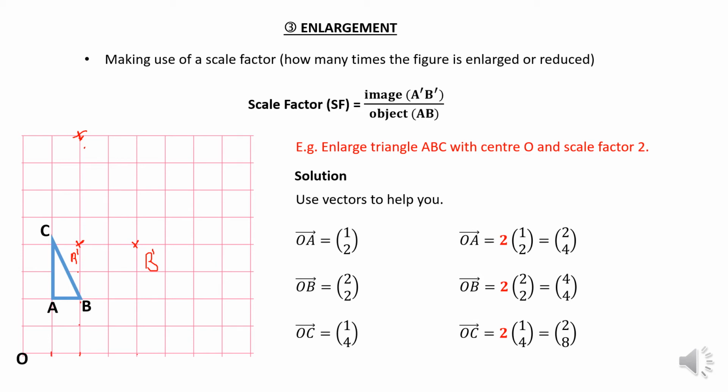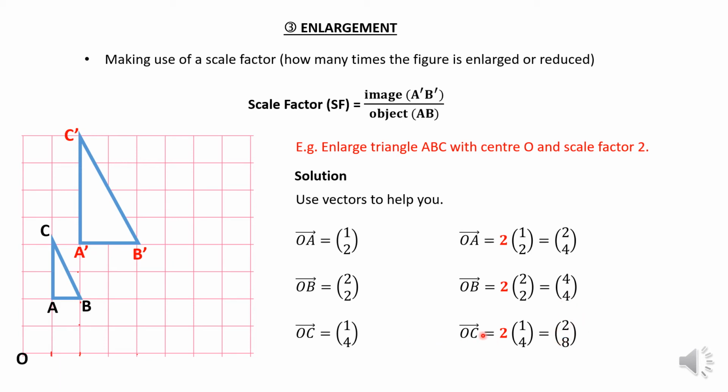And then you can actually write in the enlargement of the particular question that you're looking for. So that is what you expect when you are dealing with your vectors. How far is A from O? Of course, it's 1 across and 2 up. Multiply that by 2, then you have the new position for your A. Do the same for all of them, and you should be able to do that.